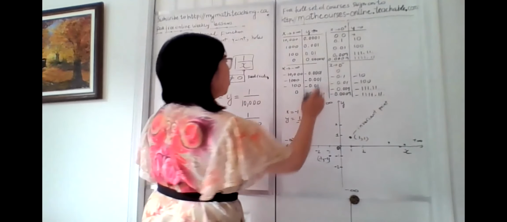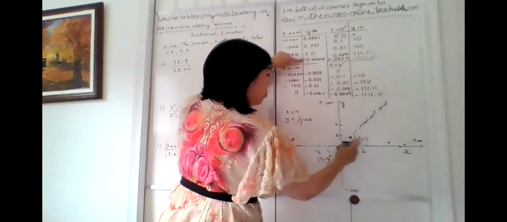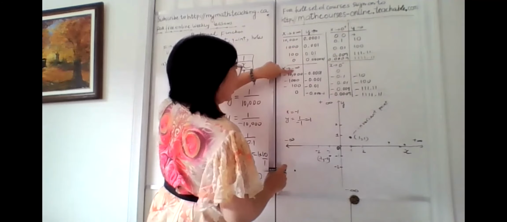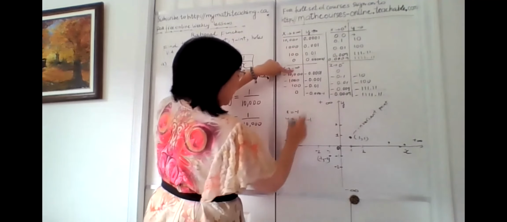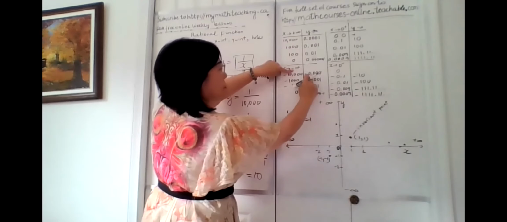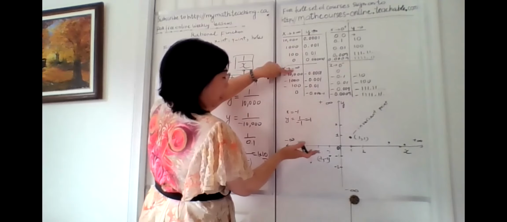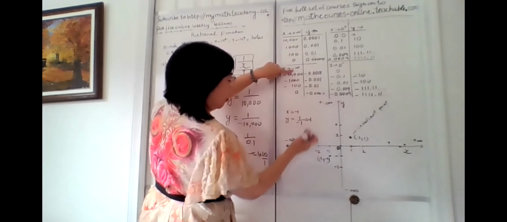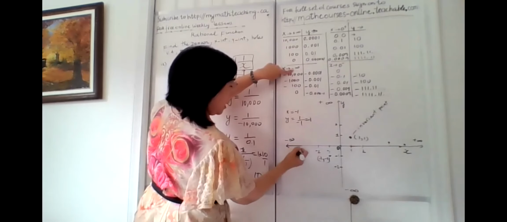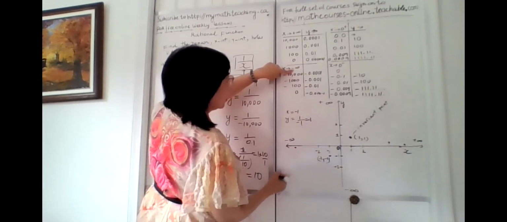Now, what else do we look at? So we look here on the positive side of x, and we mark a few points like this. Now let's look at the negative side here. If x is negative 10,000, it means this way, then y is very close to 0, except that our y will be below the 0 because it's negative. So up here a little bit is positive 0, but down here is negative 0, right? So our point will be somewhere like this.